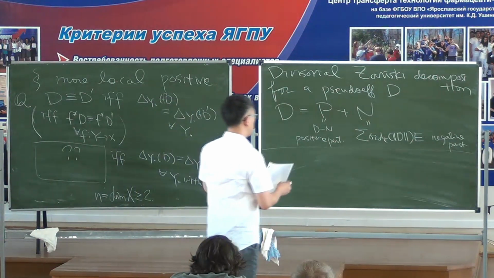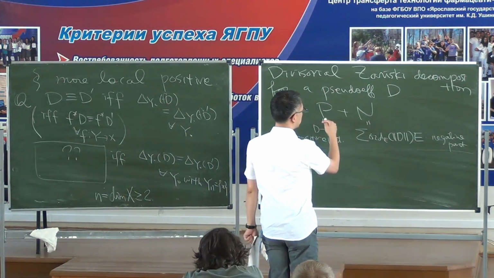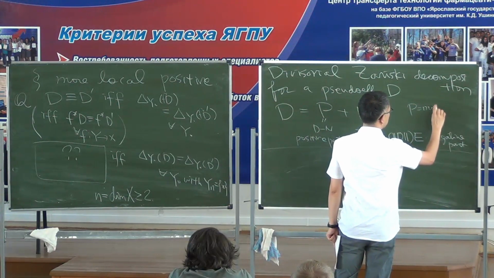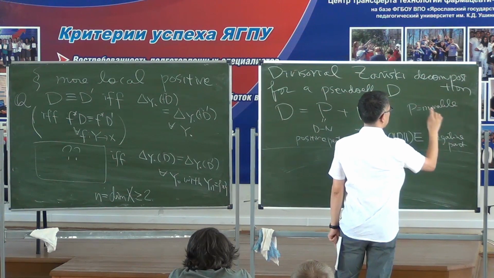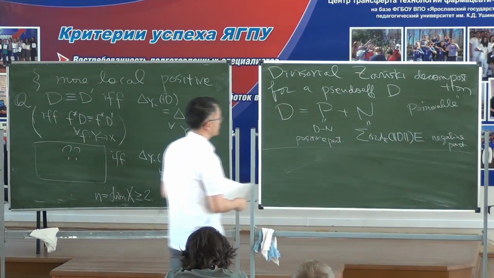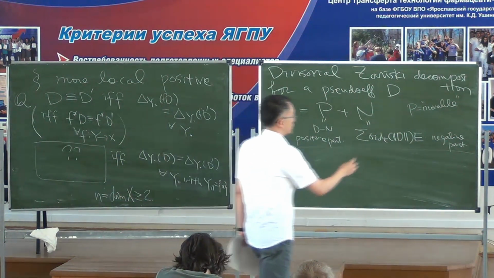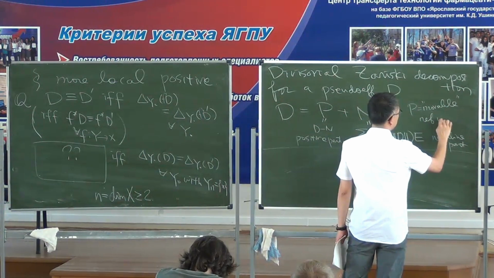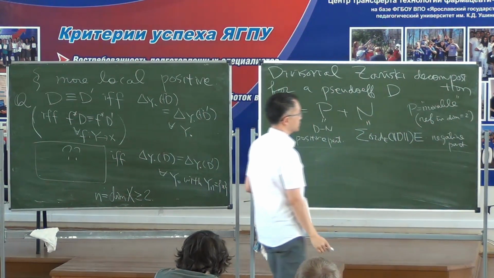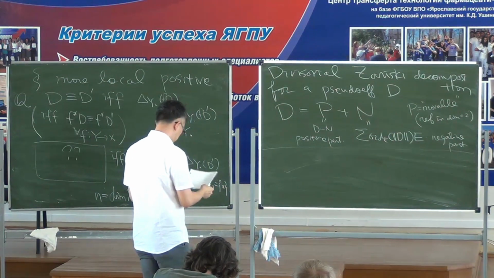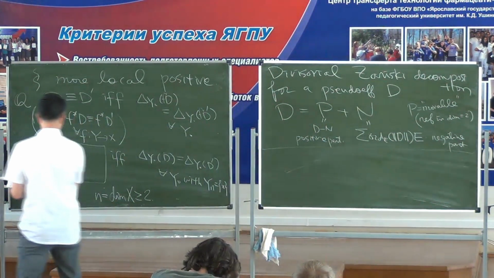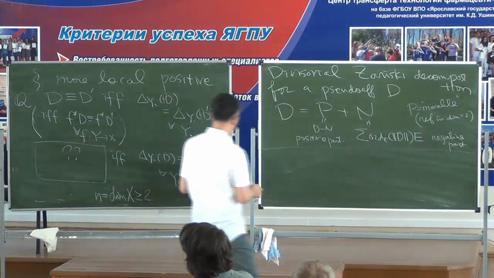Okay. And in dimension 2, P is nef, but in this case, P is only movable. So we will use this to have an answer to this question.